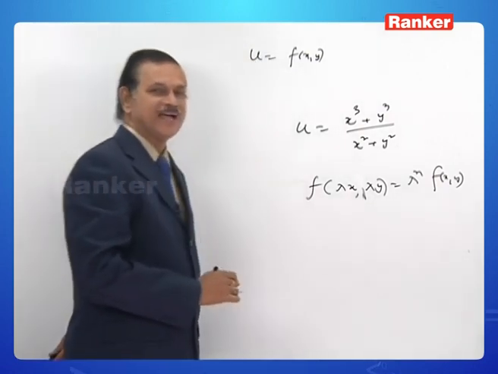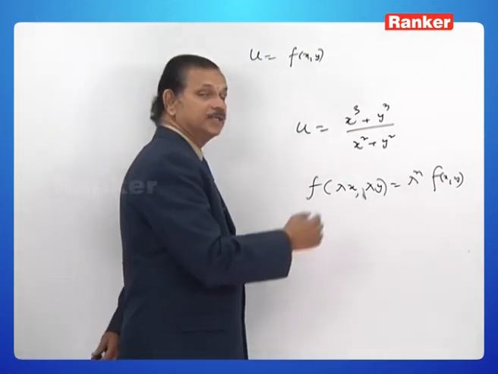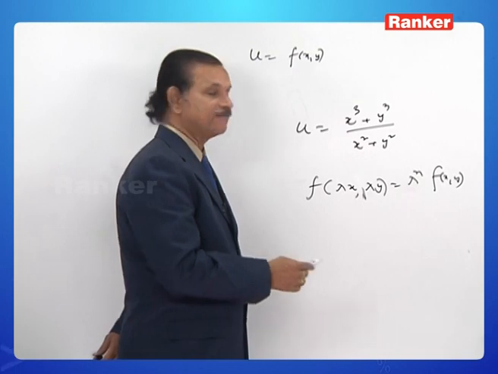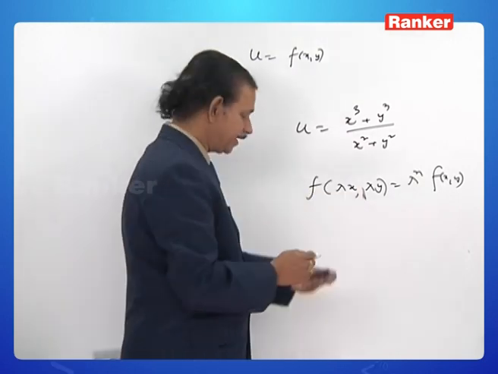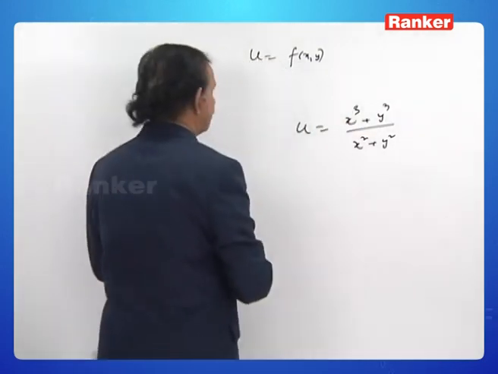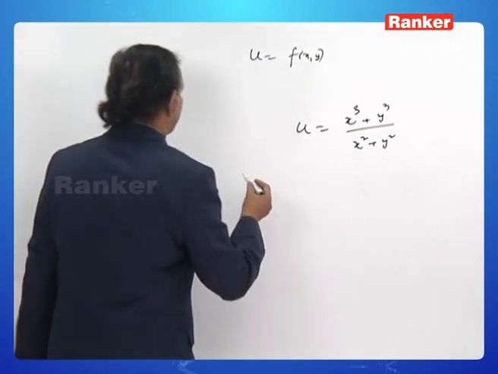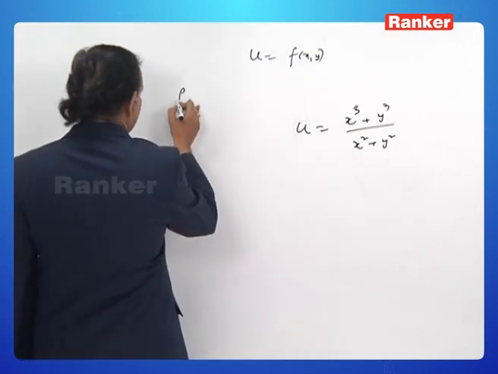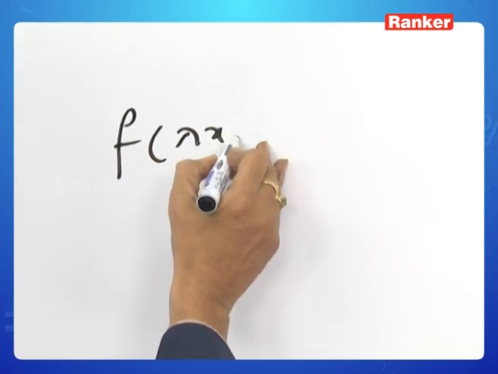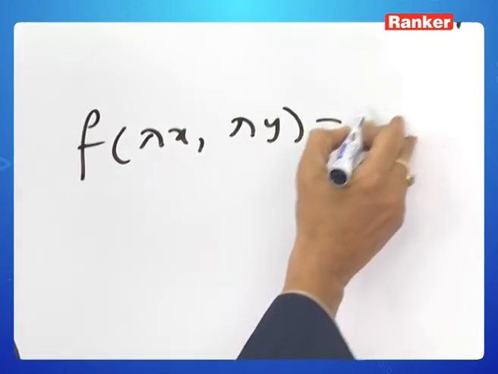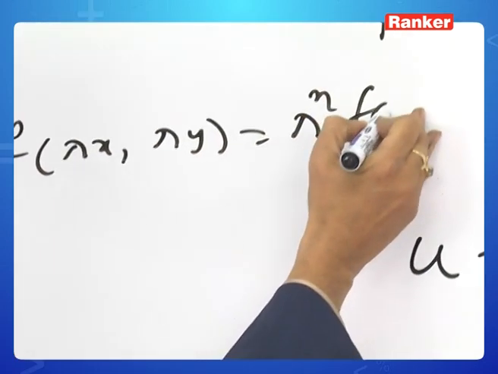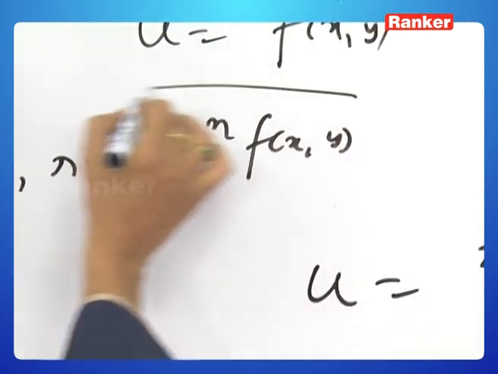If you are able to write a function like this, then it is a homogeneous function of degree n, we say. Let me be very clear. What do you mean by homogeneous function? f of lambda x comma lambda y is equal to lambda power n into f of xy.